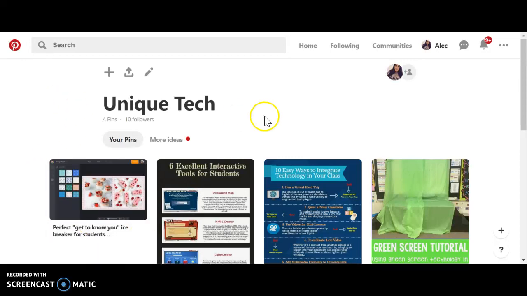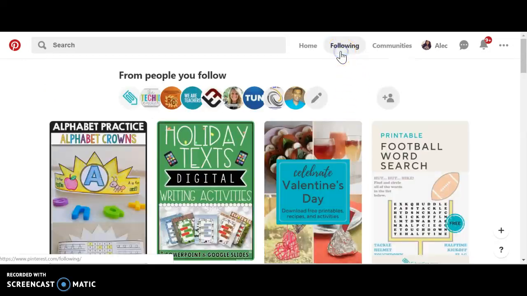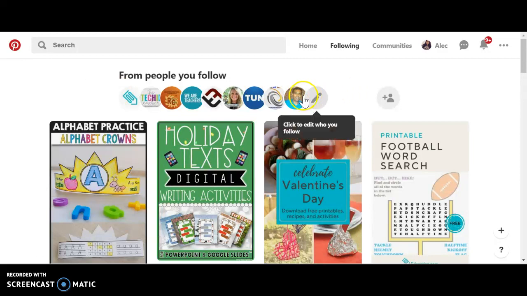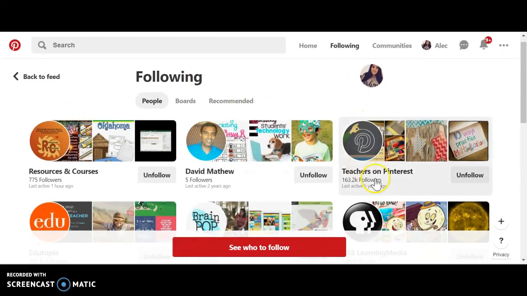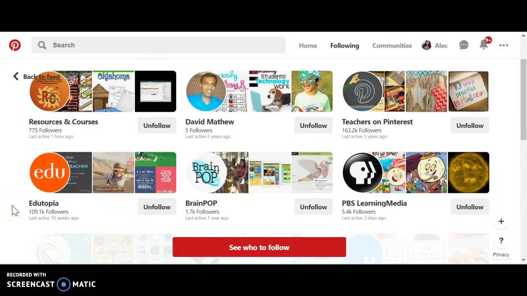The second part of the assignment was to show how I've connected with different people to grow my PLN. The great thing about Pinterest is that it loves to suggest people that it thinks you should follow based on what you're pinning. And so some of the people that I follow, teachers on Pinterest, I follow this board in my personal account, so I knew right away I needed to locate them.